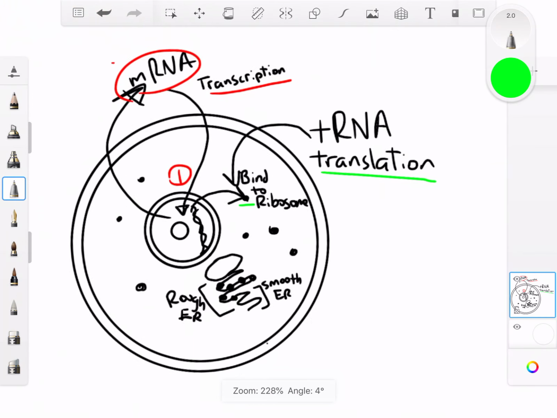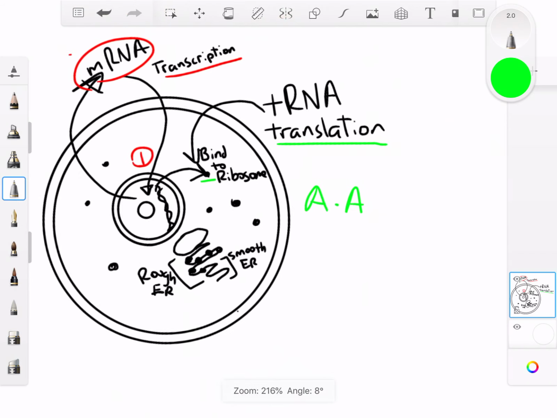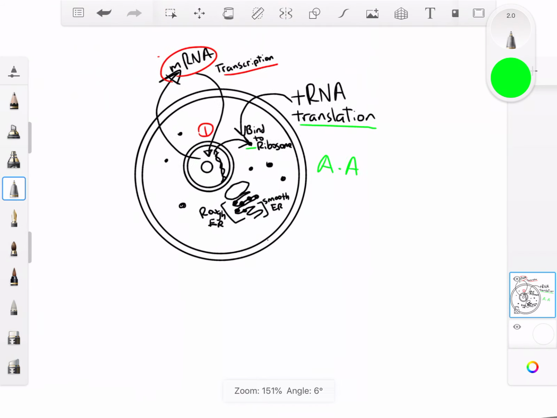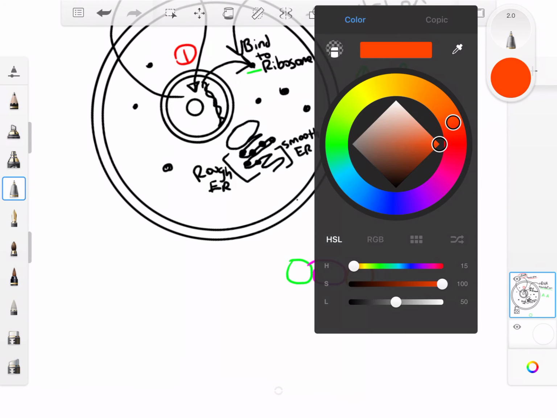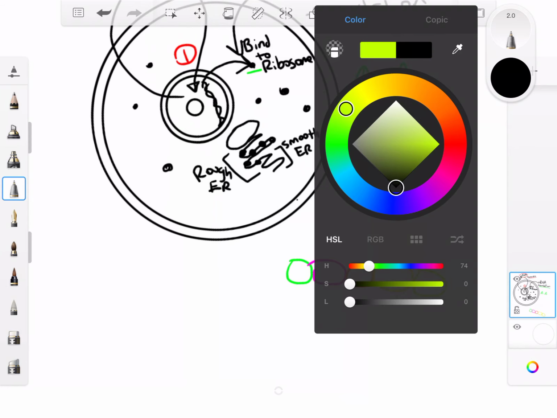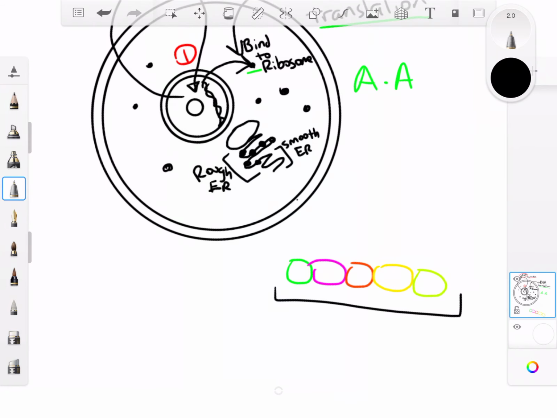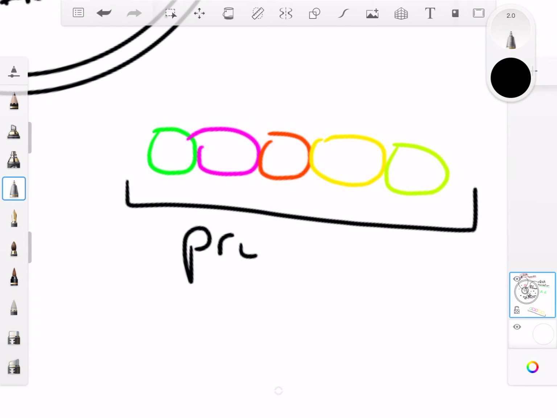Then your amino acid is synthesized. And you need a lot of little amino acids to actually form what we know as a protein. So this is going to happen hundreds of thousands of times, and this little guy right here is finally going to be our protein.